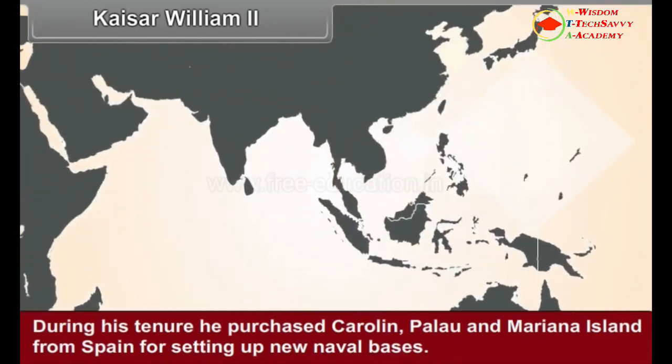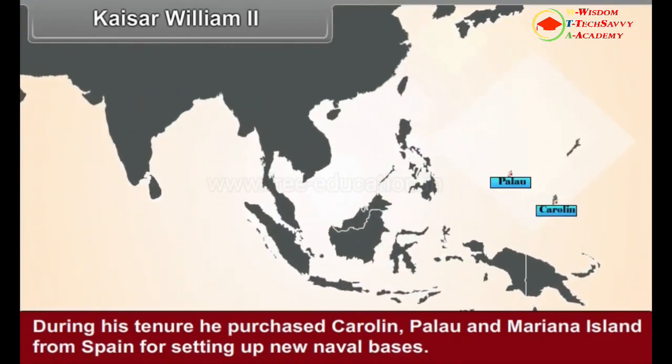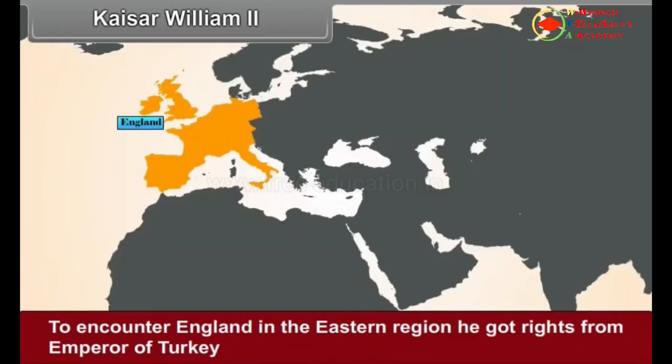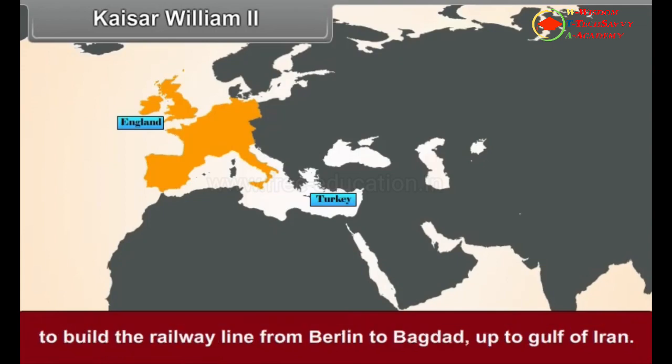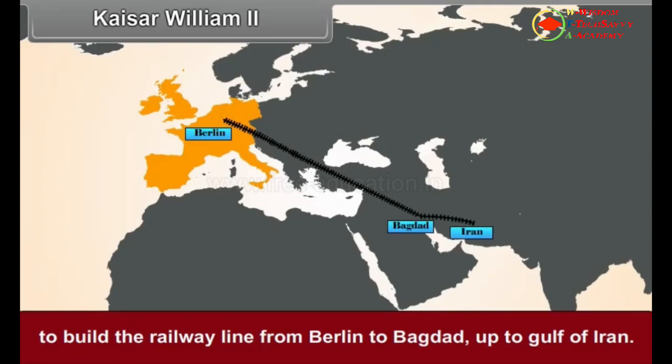During his tenure, he purchased the Caroline, Palau, and Mariana Islands from Spain for setting up new naval bases. To encounter England in the eastern region, he got rights from the Emperor of Turkey to build a railway line from Berlin to Baghdad, up to the Gulf of Iran.